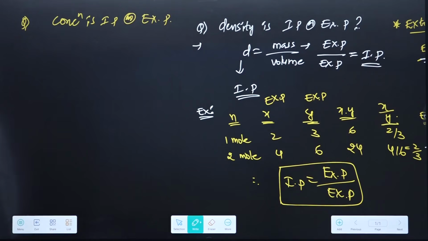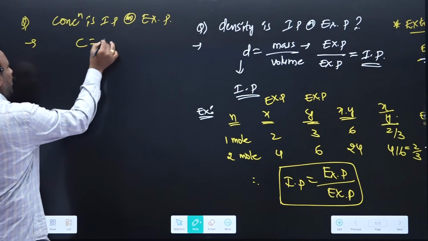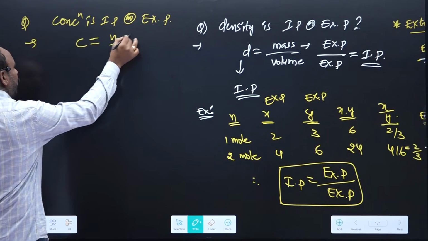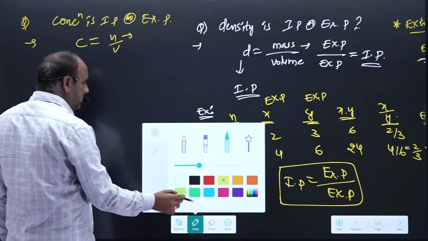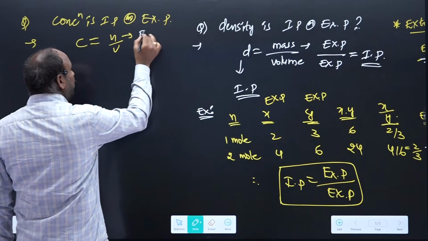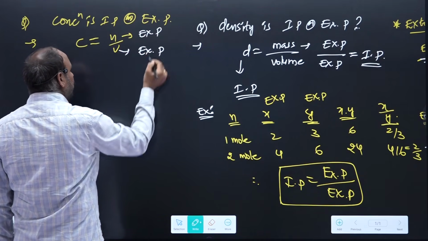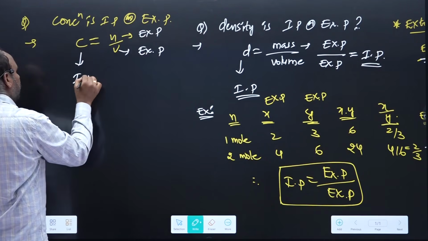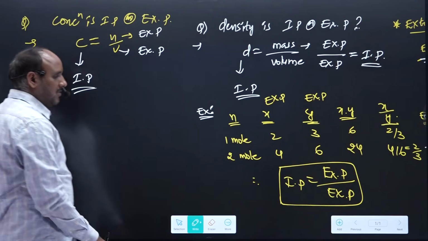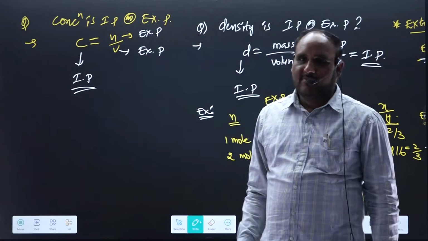Number of moles by volume. C is equal to N by V, right? What about N? Number of moles means which property? Extensive property. What about volume? Extensive property. Therefore that ratio becomes intensive property. Concentration is what? Intensive property.